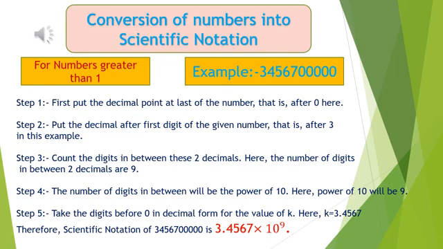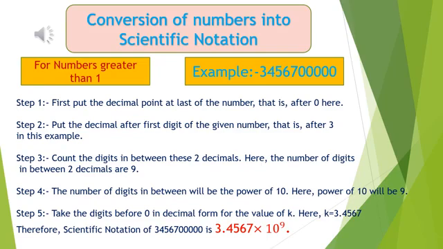Now step number 5 says to take the digits before the zeros from your original number in decimal form for the value of k. That is, you need the two values k and n. Now n is found, that is 9, but what will be the value of k? k will be 3 point, because you have put the decimal after 3.